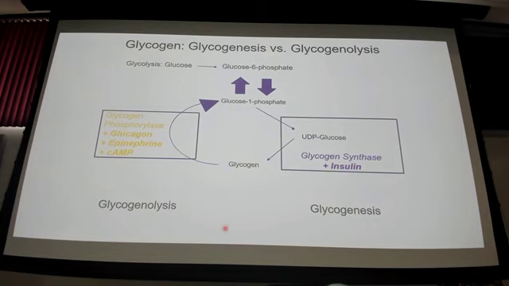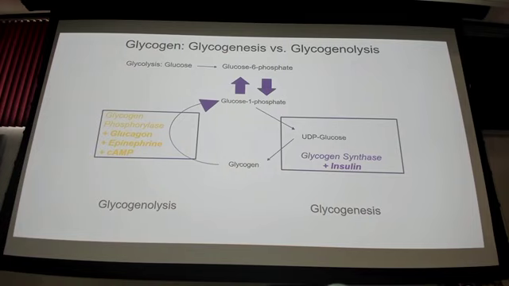Those are going to cause glycogen to break down to glucose 1-phosphate by glycogen phosphorylase. That glucose 1-phosphate will then be converted to glucose 6-phosphate in order to continue down the glycolytic pathway and produce energy in the form of ATP. Any questions about that?